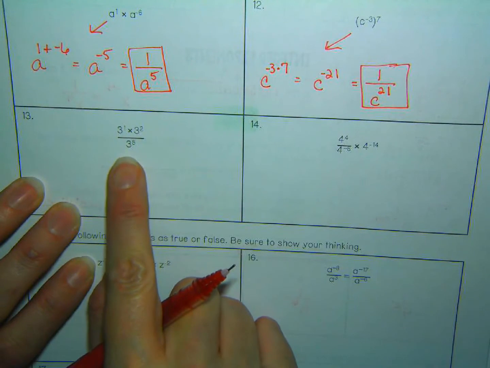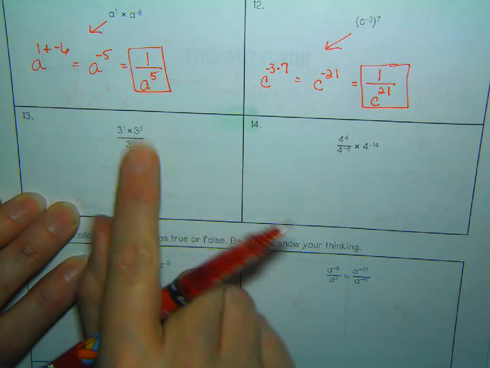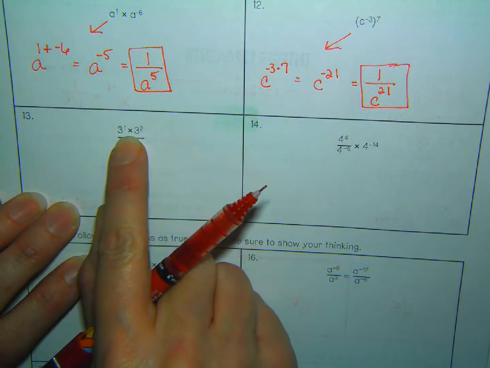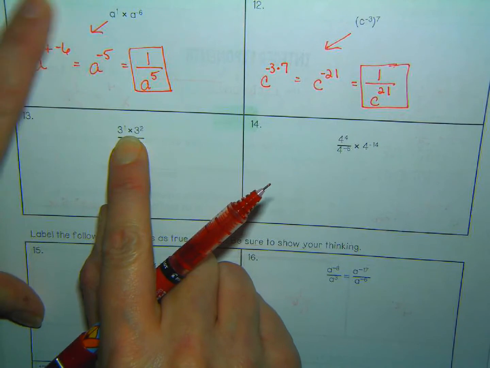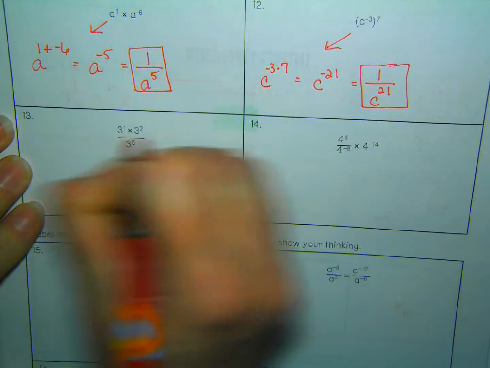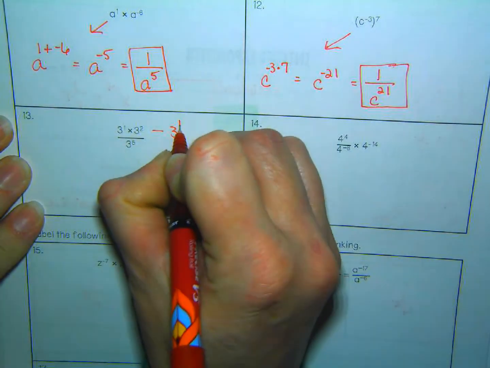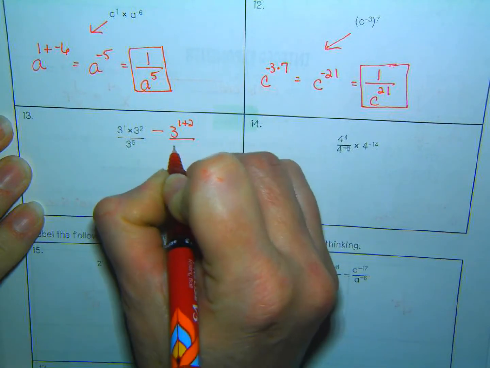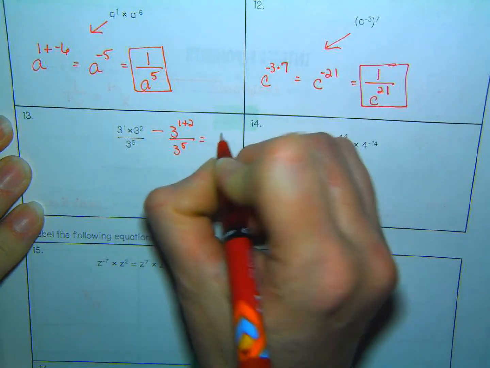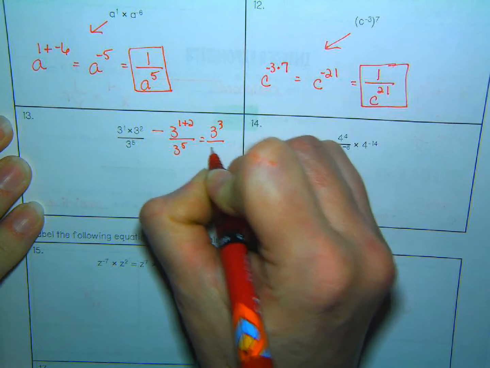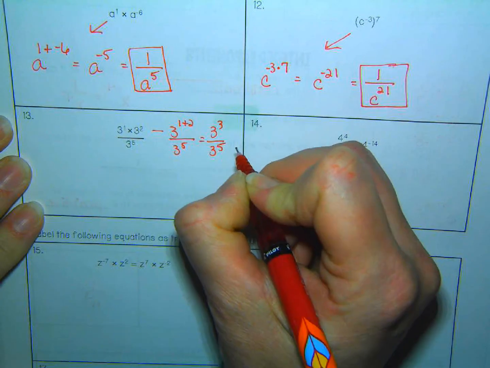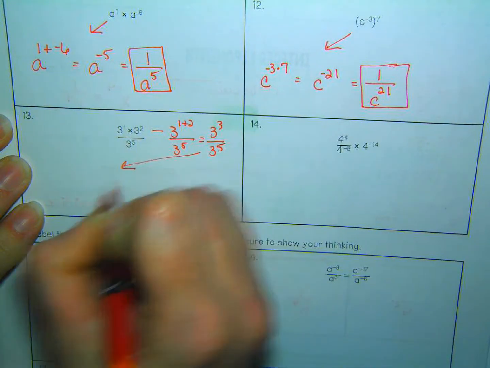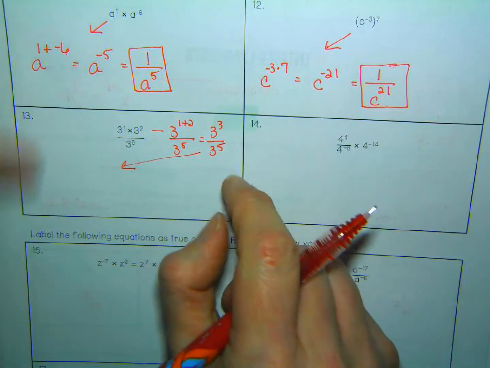For this one right here, the problem is going to make use of this rule right here. So that's going to be 3 to the 1 plus 2 over 3 to the 5th, which is 3 to the 3rd over 3 to the 5th. And that is now division. That goes back to what we had on the previous page.